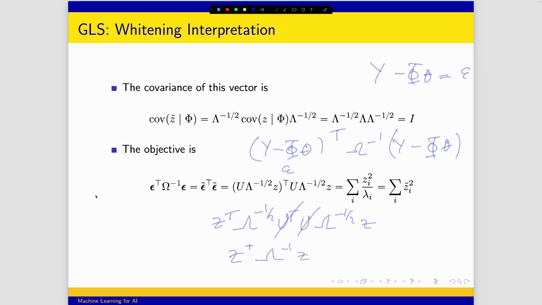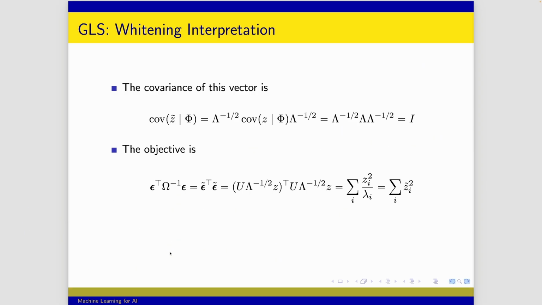Now what's lambda to the minus 1? That's just 1 over lambda 1 down to 1 over lambda n. So if we have a vector z, the transpose of it is this row vector here, and then we have the column vector z here, right? So this will be equal to, it's just like a normal dot product. So if we got rid of this, that would just be a normal product.